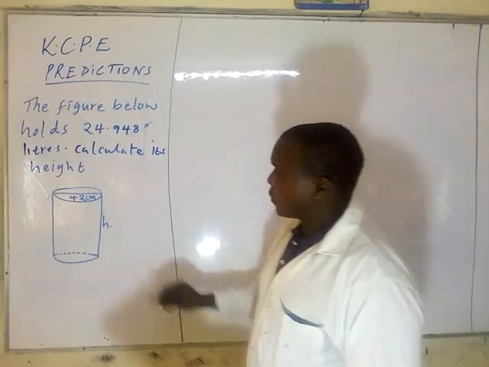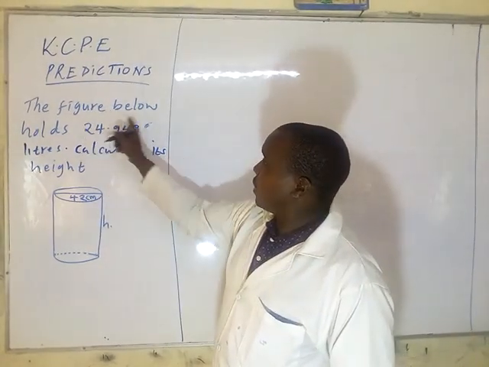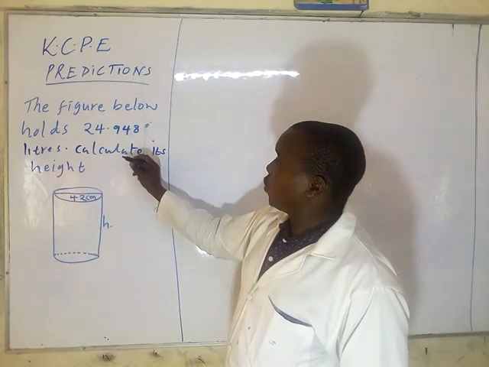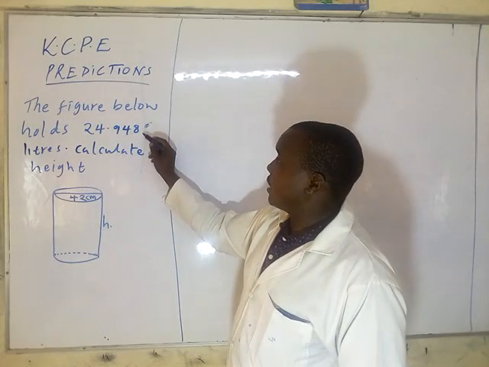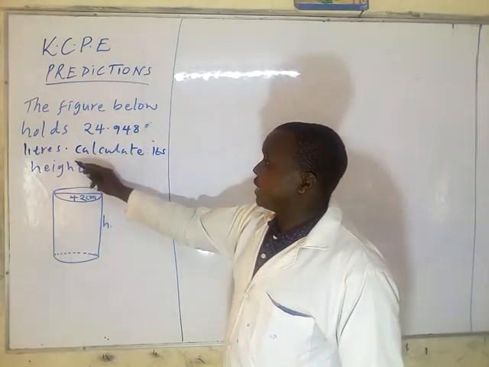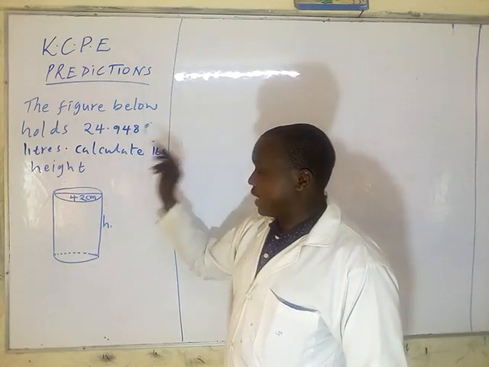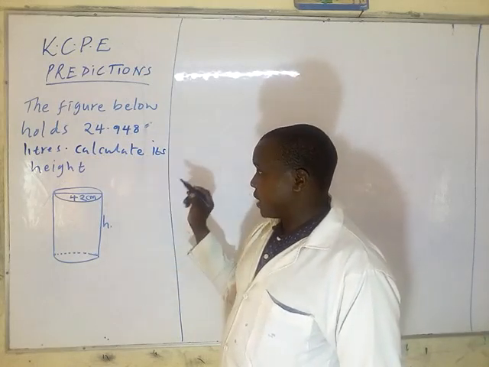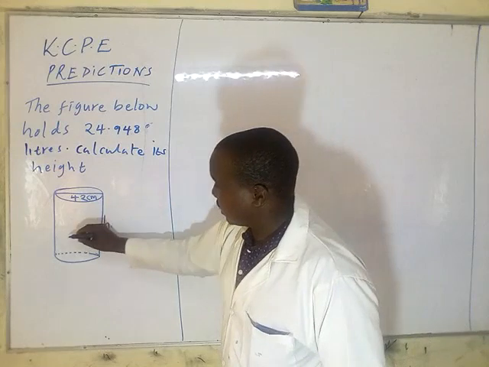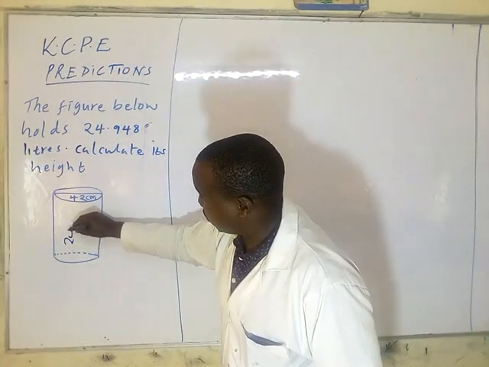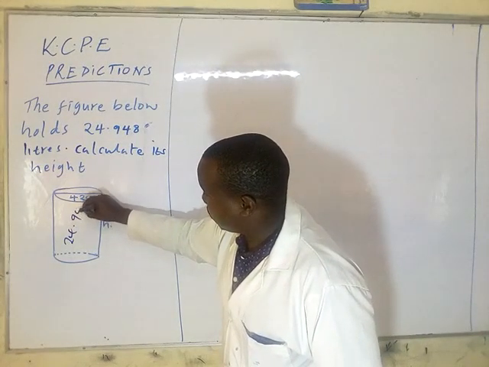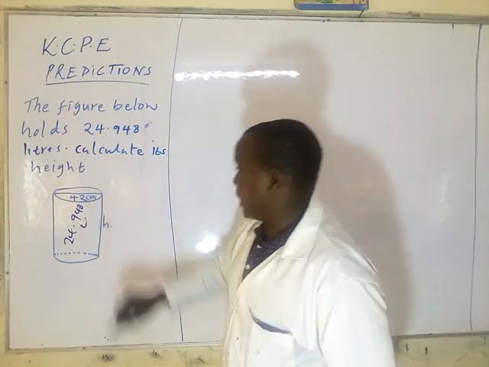So we have been given that the figure below holds 24.948 liters. Calculate its height. So we do not have the height, but we have the volume it is holding, 24.948 liters.